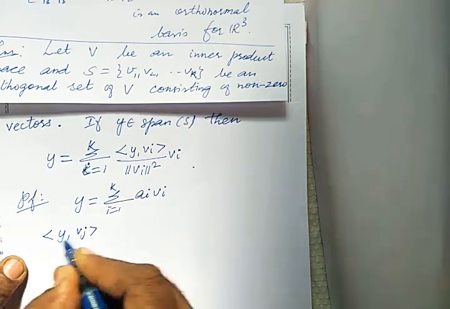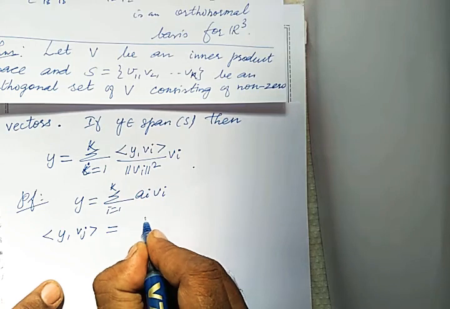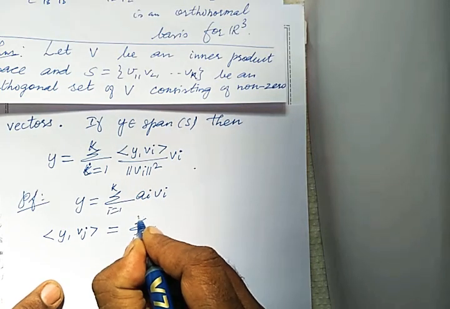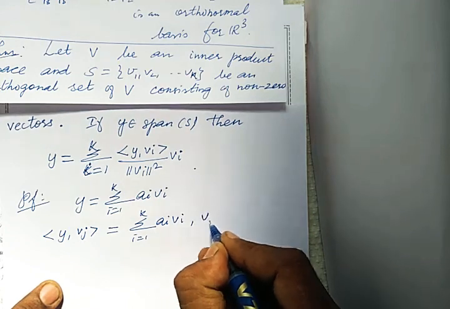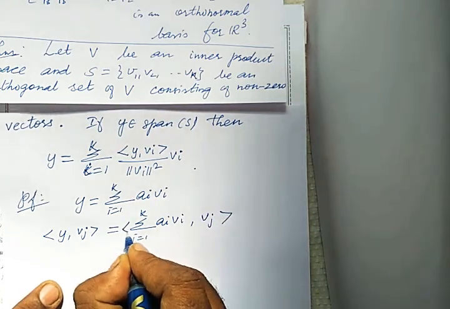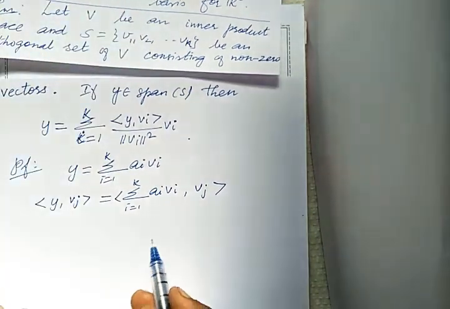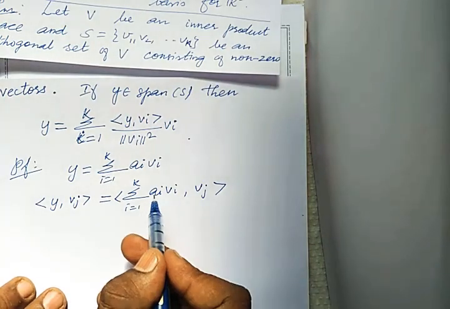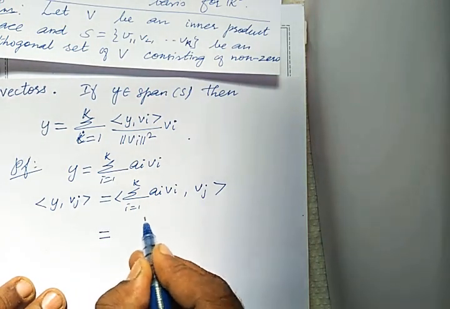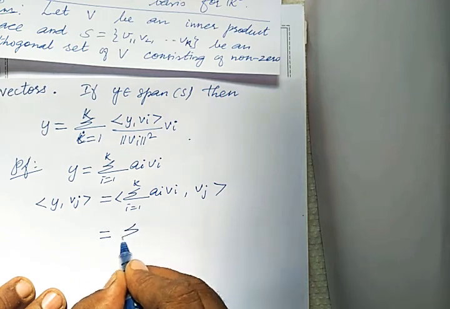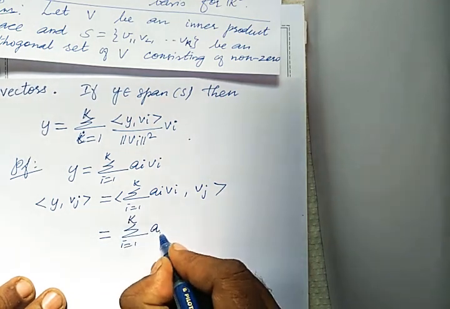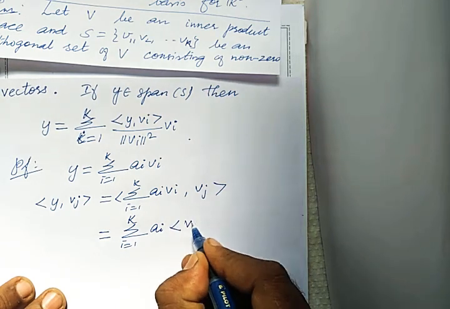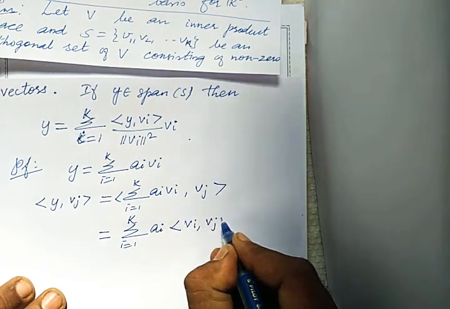This is equal to the inner product of the summation i equal to 1 to k of ai vi, comma vj. We all know that this summation can be split and the constants can be taken out. So this expression can be written as the summation i varies from 1 to k of ai times the inner product of vi comma vj.